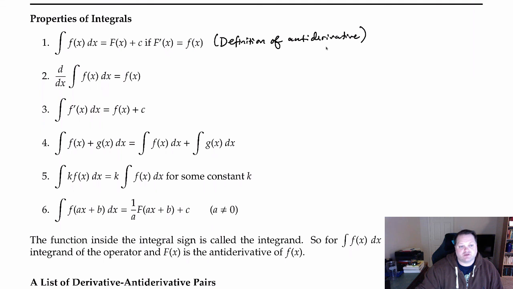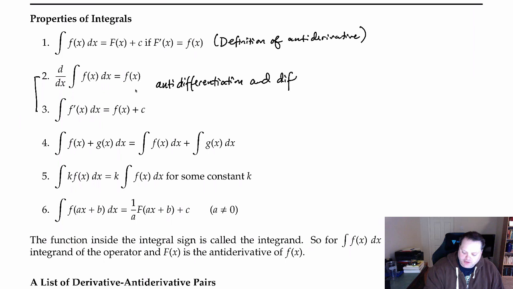So this is that definition we saw on page 1. This is just an understanding. 2 and 3 are linked. They're an understanding of antiderivative or anti-differentiation and differentiation are inverse operations.